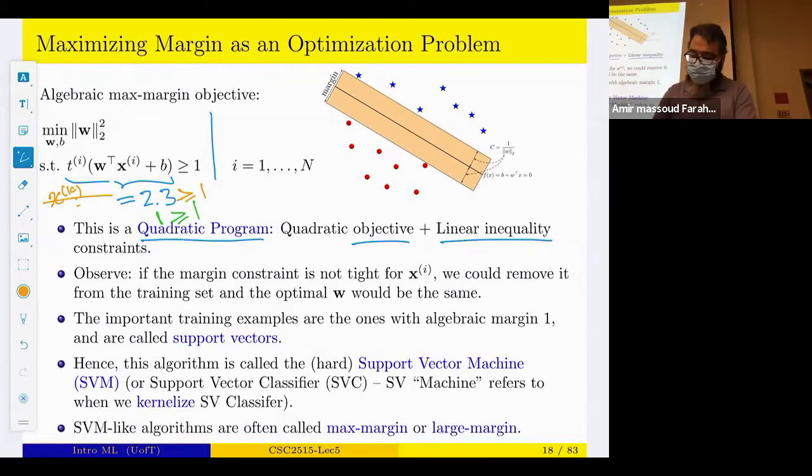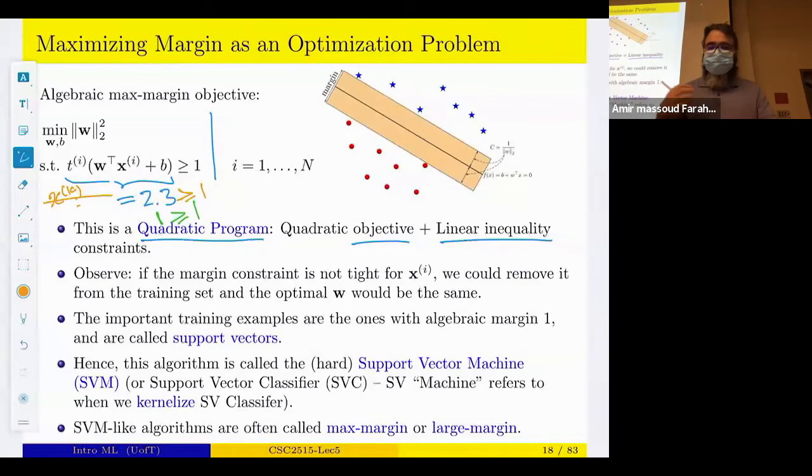This is just a remark that not all points in this set of inequalities are equally important. Some of them are important in defining what W should be, but some of them, even if you remove them, it does not matter.